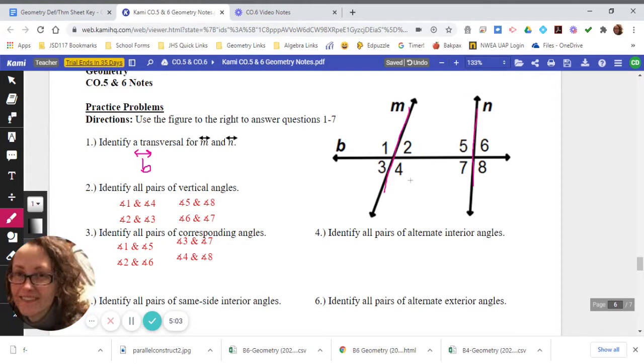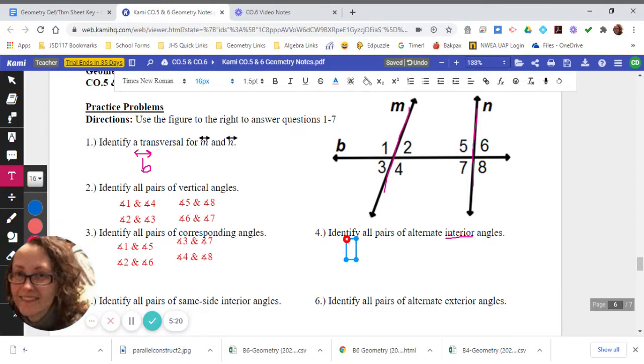So that's going to be 2, 4, 5, or 7. Any of these. I want to be inside, interior. So 2, 4, 5, or 7. And I want to be on alternating sides of my transversal. So my answers are 2 and 7, angle 2 and 7.